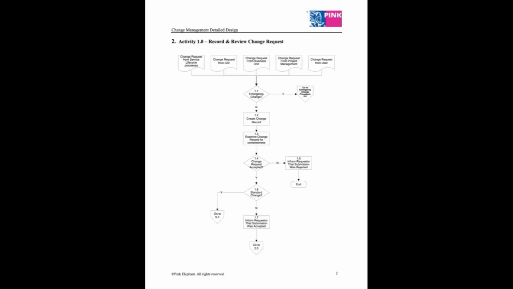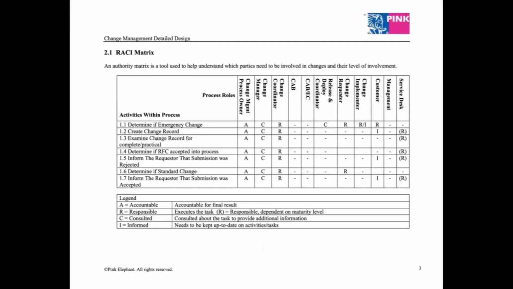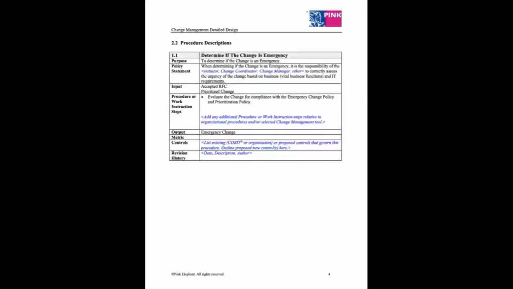And then when we go into, so this is the example RACI model for this first procedure. And then we go into the way that the procedure is described. So again, we provide a purpose and a policy statement for each of the procedures.